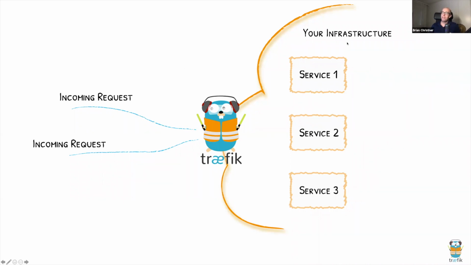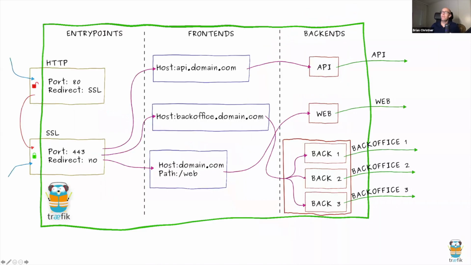On the left-hand side, we have our incoming requests and they hit the Traefik router. Then they're routed to a service or some sort of backend.